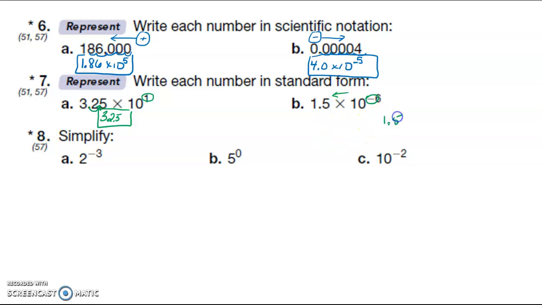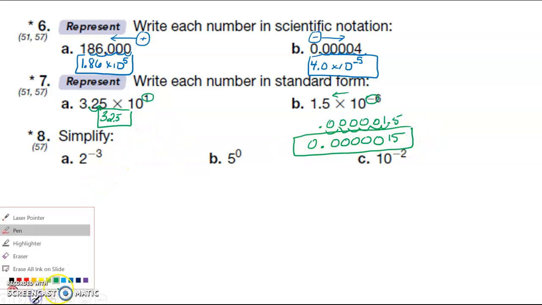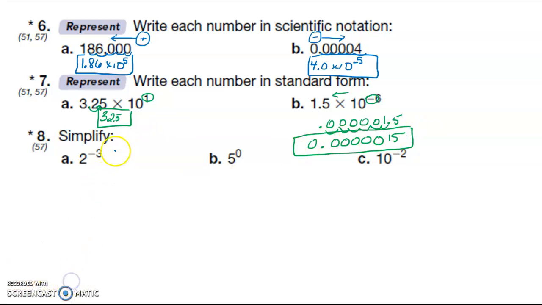So 1.5, and I'm going to move it 6 places. 1, 2, 3, 4, 5, 6. So let me write that out. That's my answer. You can see how I work it out a little bit here, and then I write out my answer. That's helpful to me because I get kind of confused with my little loopy loops.